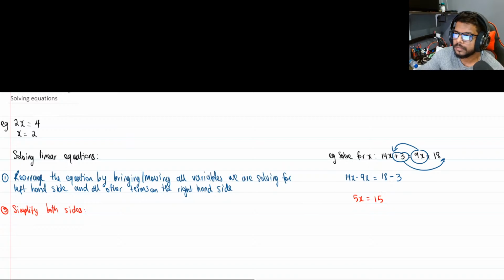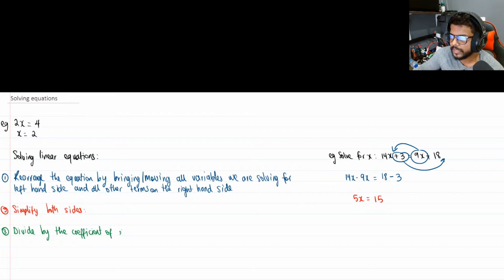Alright. Step 3. I will divide by the coefficient of the variable on both sides.